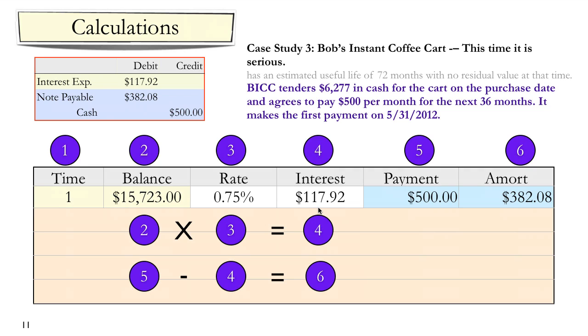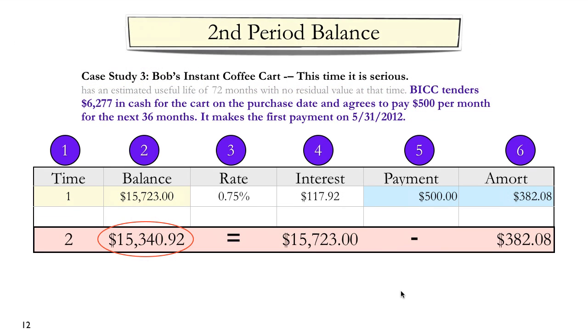Now, amortization is also not too hard once we know interest expense, since we have the payment, $500 from column 5, minus the interest expense, $117.92, so the remainder is amortization. Next, we can look at the opening balance in the following month, and this, once again, is not too difficult to determine.